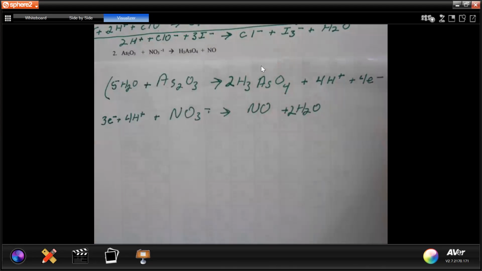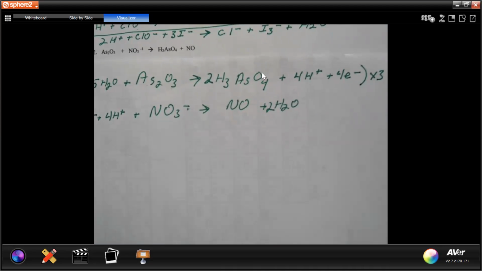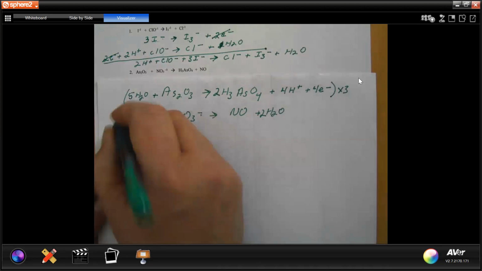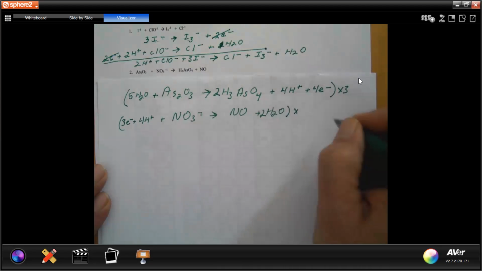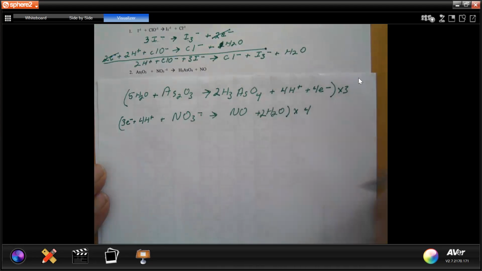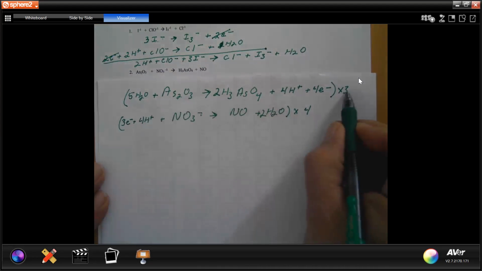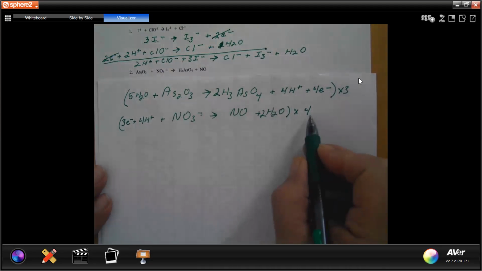So I have to multiply through this equation by 3, and I have to multiply through this equation by 4, in order to make the electrons lost and the electrons gained the same. So I'm just going to multiply through this top equation by 3, and then I'm going to multiply through this bottom equation by 4 before I add them together.